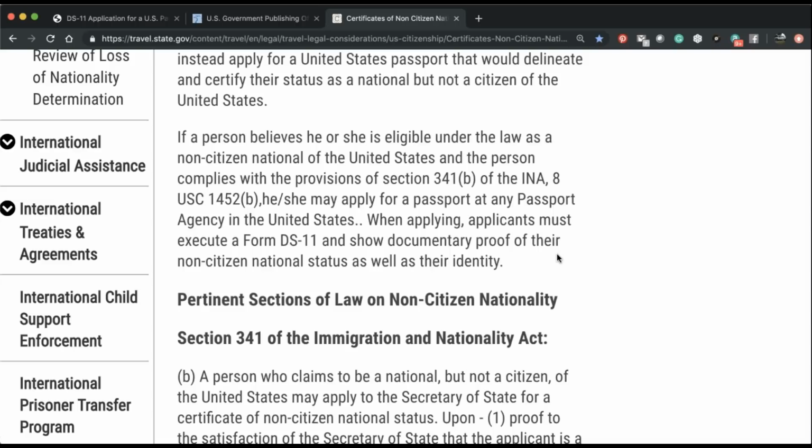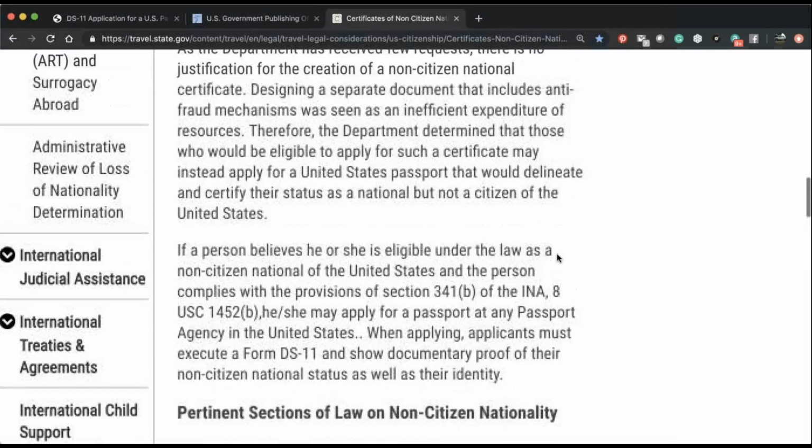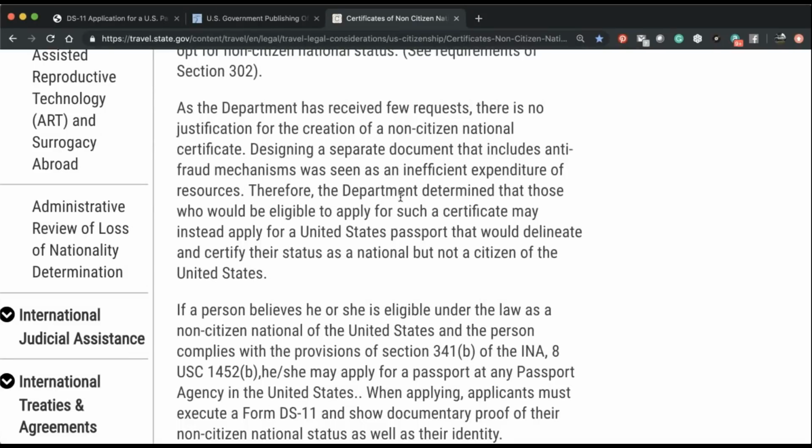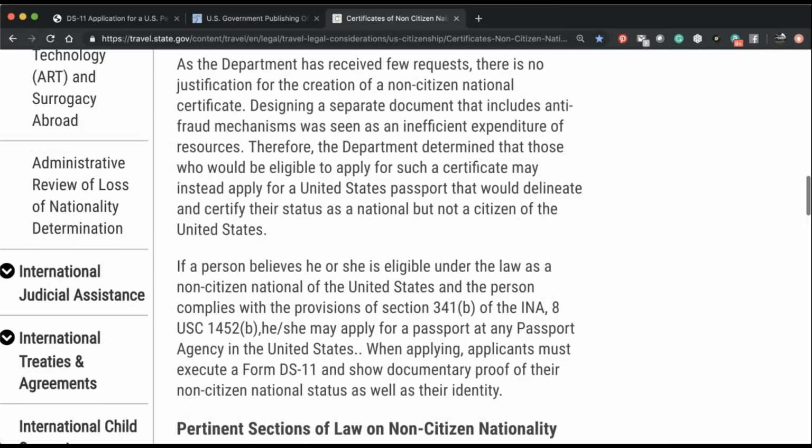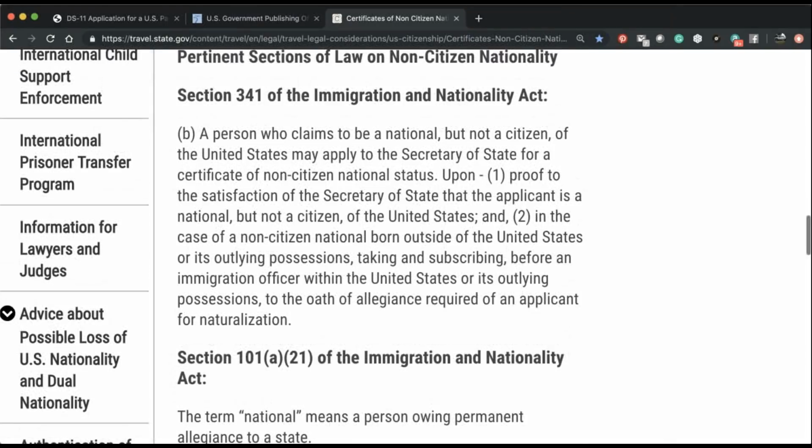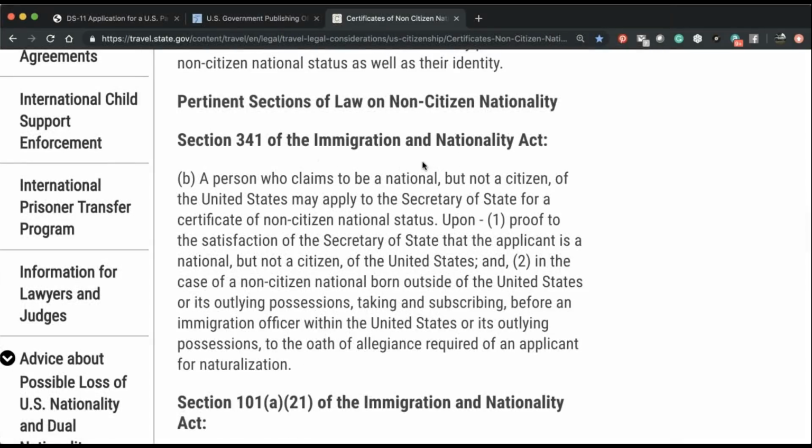Because it just told you up here that the passport is going to be the same as anybody else's. You see? Section 341(b) of the Immigration and Nationality Act: a person who claims to be a national, see how they're using it again, a national, but not a citizen of the United States, may apply to the Secretary of State for a certificate of non-citizen national status. See how they're playing with it again?